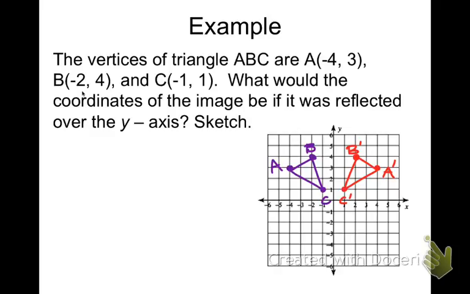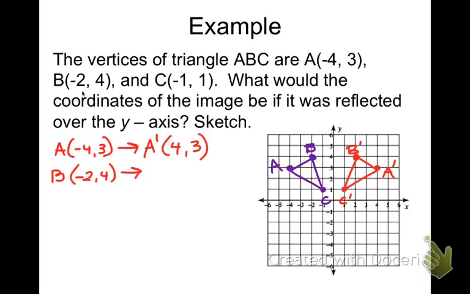If we were to list the actual coordinates, so A started out as negative 4, 3. When I reflect it over the y, your x changes sign, so it becomes a positive 4. 3 stays a 3. My B is negative 2, 4.